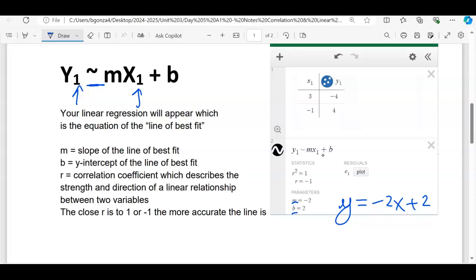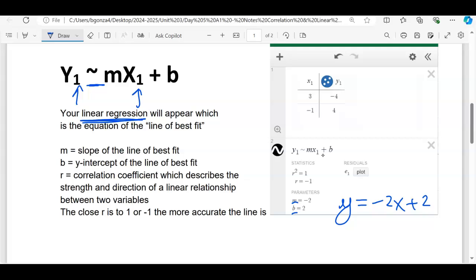Now, here's a little bit of new information, okay? Do you see the letter R, okay? Go ahead and underline a few things for me, okay? I meant to do this earlier, sorry. Going back up to that equation, go ahead and underline the phrase linear regression, okay? That is a phrase you have to know.